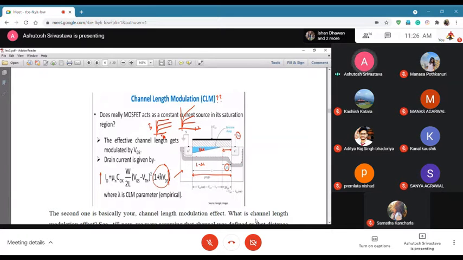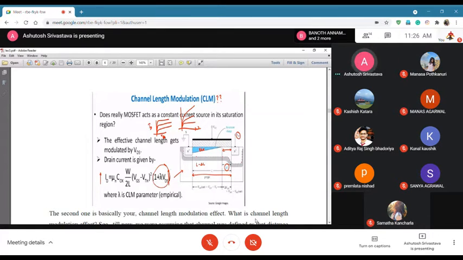Please note it down. Remember, there will be some numericals that may be based on all these things. So these are very important.